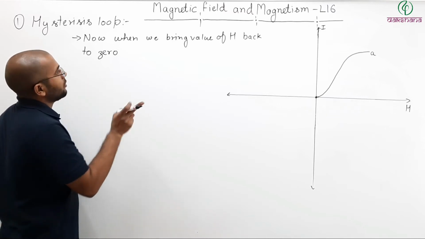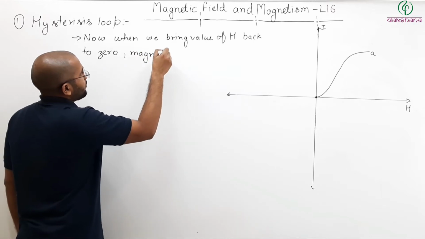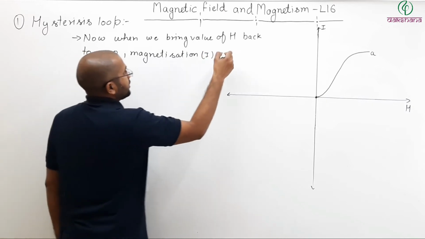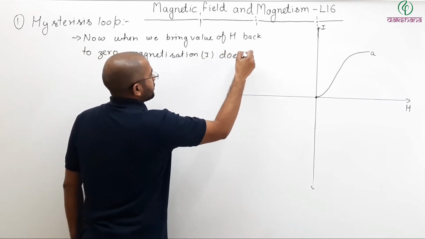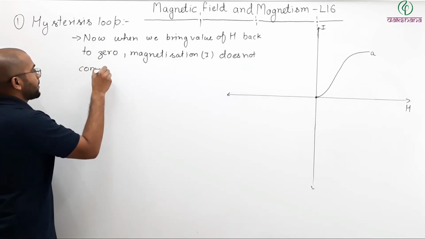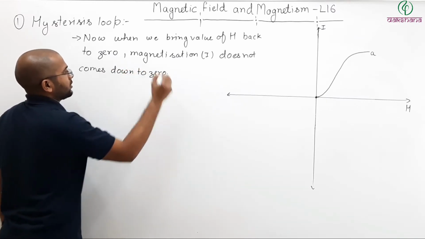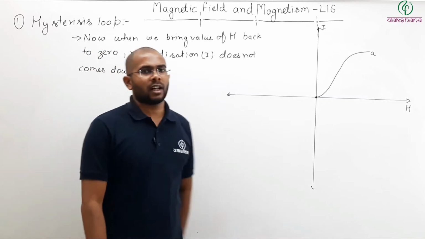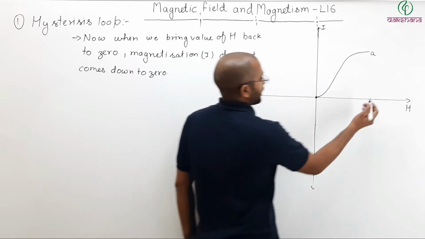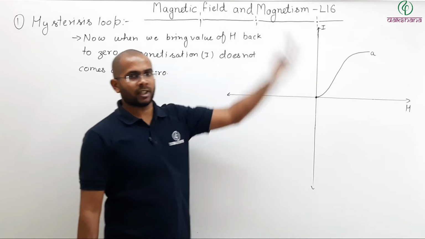So now when we bring the value of H back to zero, magnetization, that is I, does not come down to zero. So what happens actually? Now when we plot this graph, if it does not go back to zero, then what happens? Up to here we increase the magnetic intensity, magnetization was increasing.